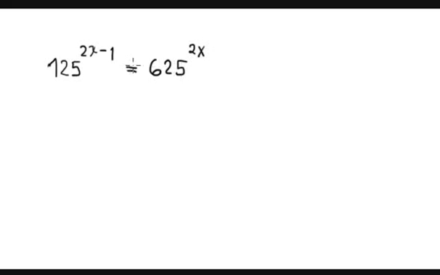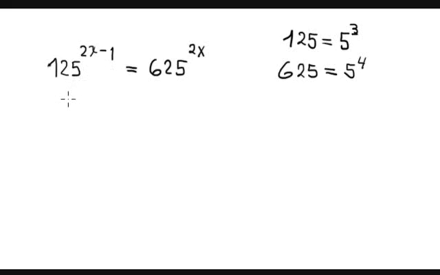Okay, so you have to manipulate both sides in order to express them using a common base. I know that 125 is equal to 5 to the cubic power, like you multiply 5 times 5 times 5, 3 times, is 125. Likewise 625 is 5 multiplied 4 times. Okay, now just replace this idea.